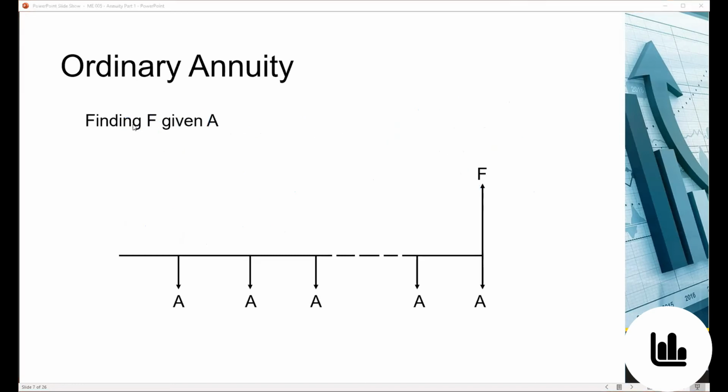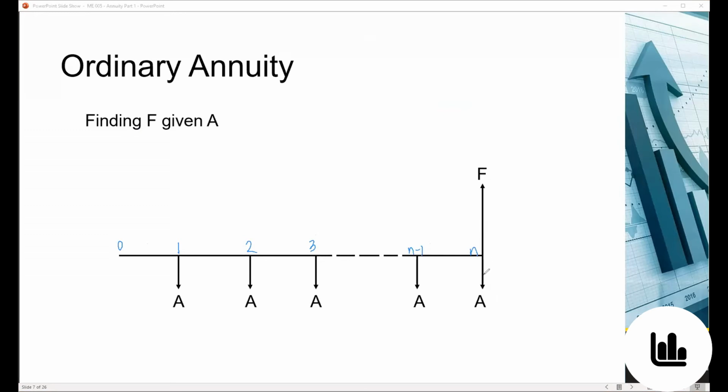Let's go now. How about when we are finding F given A? So when finding F given A, we have a certain amount of payments made after each and every period. So period 0, 1, 2, 3, ganun ulit. Tapos n minus 1, n. So anong gagawin natin ulit?